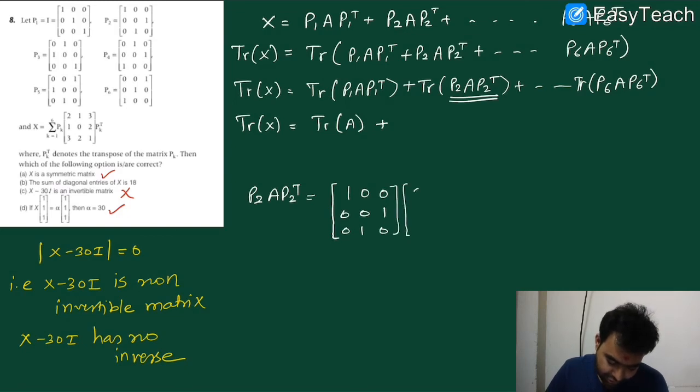P2A is 213 102 321 and P2 transpose is same, 100 001 010.